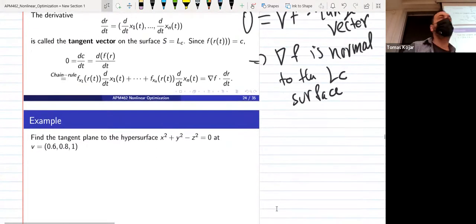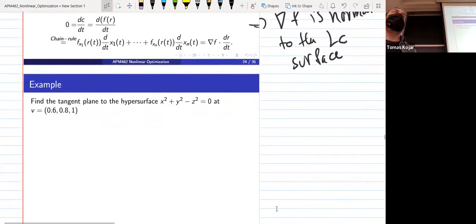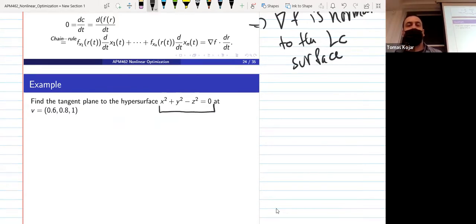All right, so let's do an example. I will use this formula to find the tangent plane for this surface. This is a surface, and we set it to a level set of a function. Can you tell me for which function this is the level set?